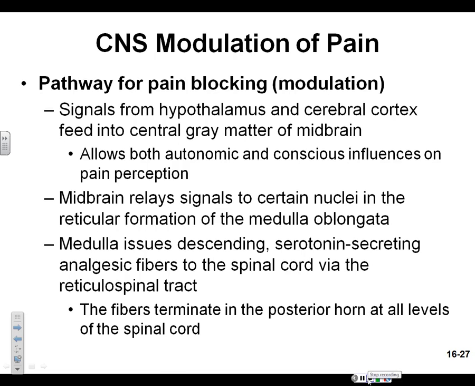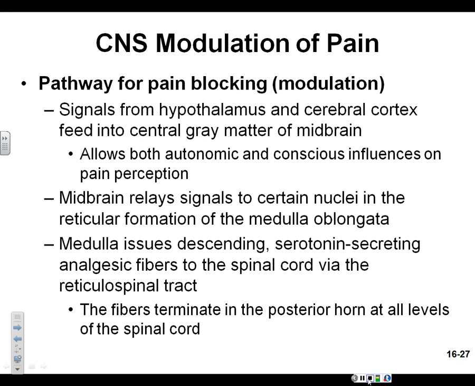Now, for the pathway for pain being blocked, again, the signal by way of the hypothalamus to the cerebral cortex is carried by the central gray matter of the midbrain. It allows both the autonomic and the conscious influence on pain. Remember, autonomic: fight or flight, sympathetic, parasympathetic.